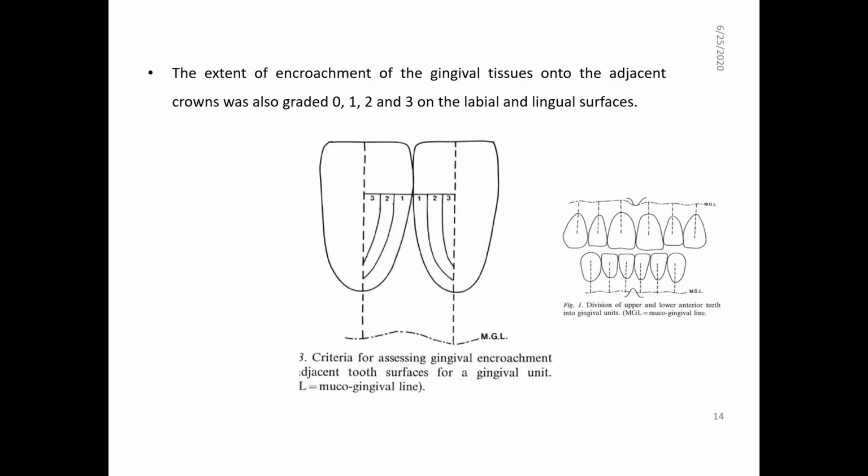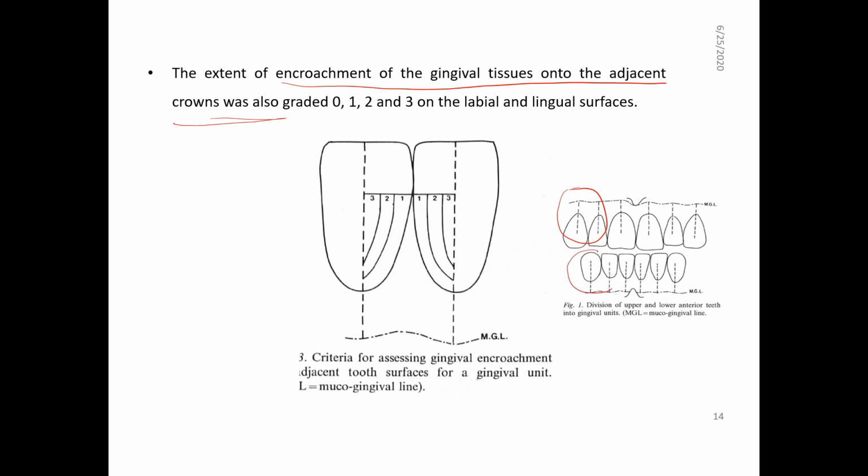Next is the extent of encroachment of the gingival tissue into the crown. Initially we have divided the 6 anterior teeth, upper and lower, into 5 gingival units. If we zoom one gingival unit, then it comes out to be something like this, or this is the lower anterior.